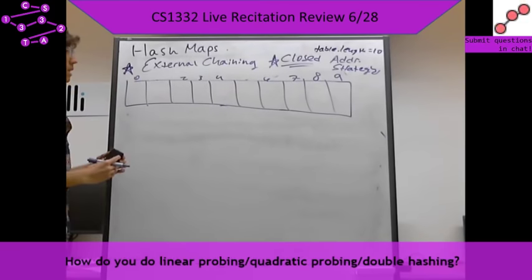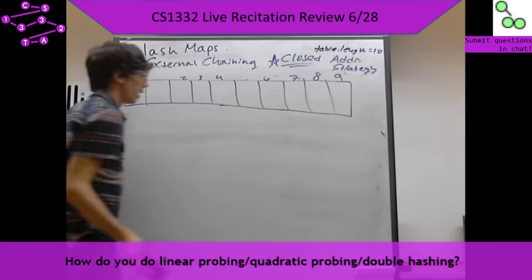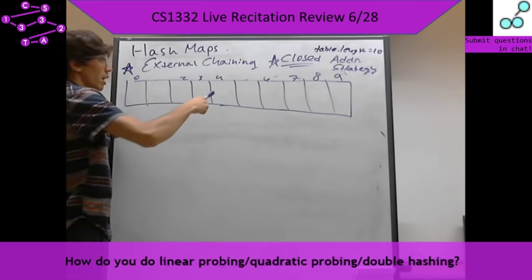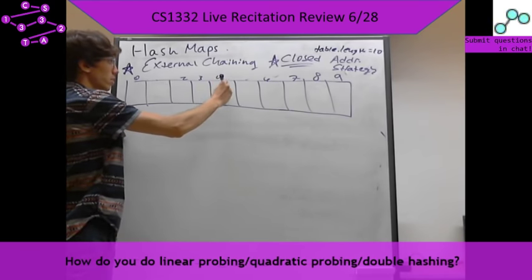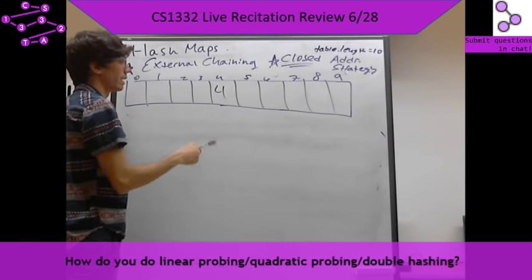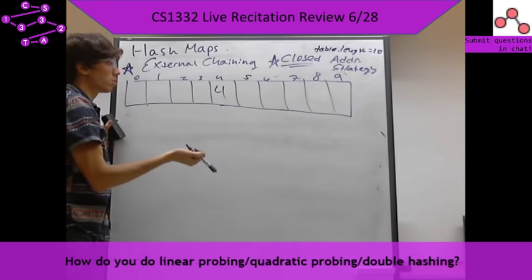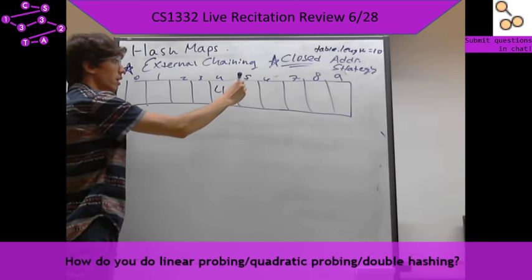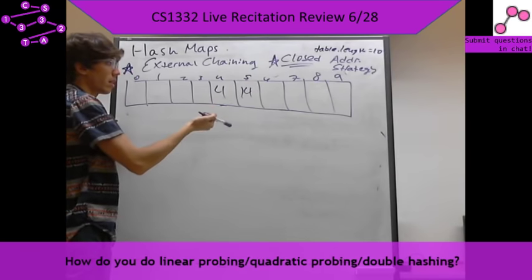And what that means is that, like in all of the other probings, I would initially check here, and let's say 4 was there. And if I was to do something like 14, 14 could end up here, but because it's not there, it ends up here, or because there's something there, it ends up there.